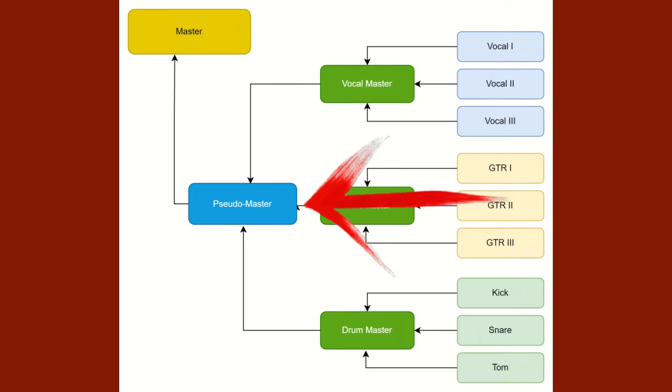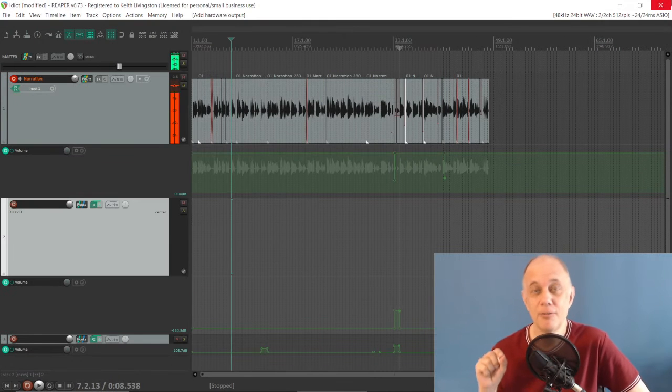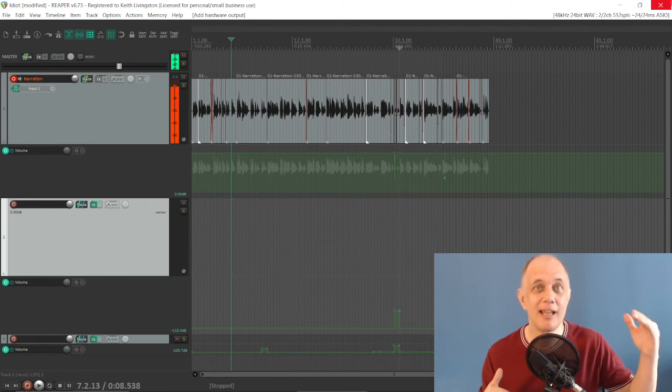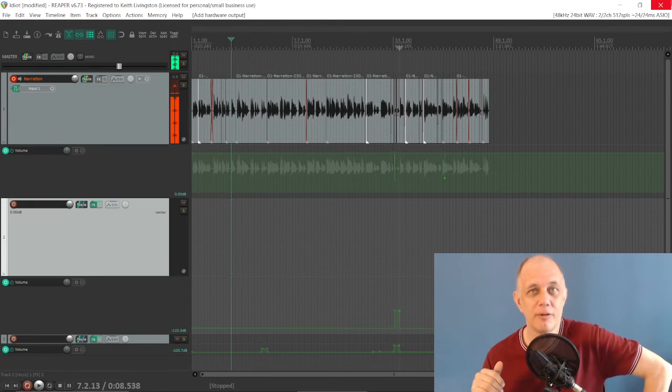The master gets compression, and then at a final stage, the last thing the signal hits before becoming the final mix, is a limiter, which chops off any peaks above a certain level. So it's multiple stages of compression, small amounts at various phases. And if you do that, that will tighten up your dynamic range, and you'll be able to normalize to whatever value you're looking for. However, I don't normalize to a particular value.